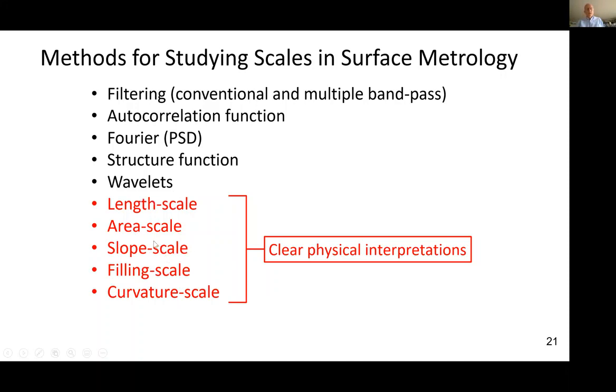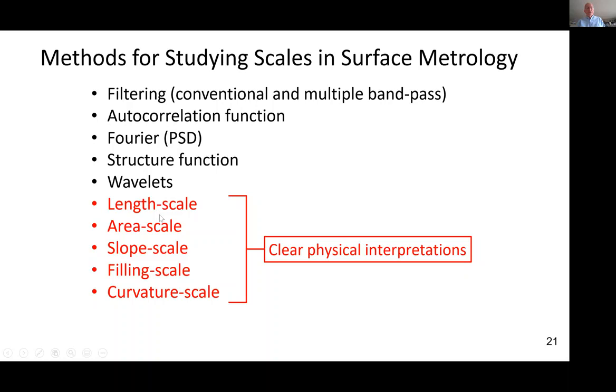Slope scale we haven't done much with, although it's closely related to area scale. So these are done systematically over different scale ranges. Length scale comes to us from the Coastline of Britain problem, maybe some of you are familiar with that. It's called the Richardson compass or the coastline method, and it looks at the length of profiles.